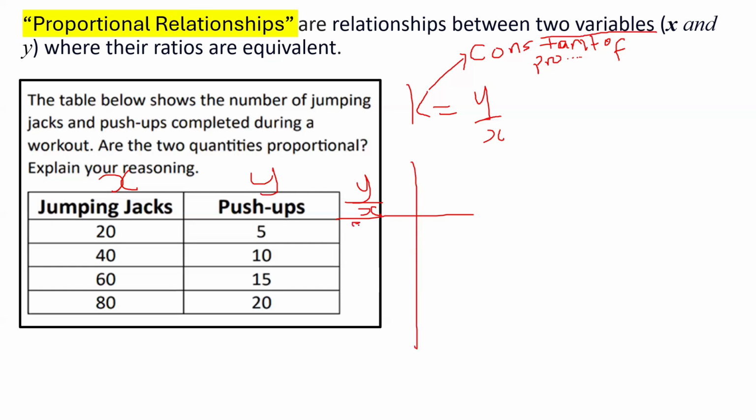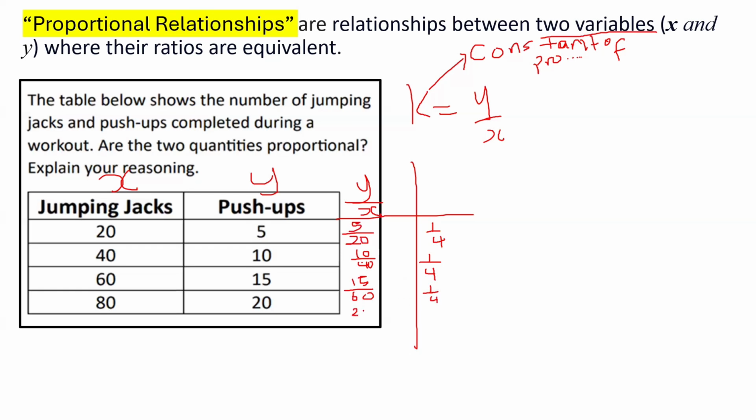So 5 over 20 is equivalent to 1/4. How did we get that? 5 into itself goes 1, 5 into 20 goes 4 times, so it's 1/4. 10 over 20, that's 20, 40. 10 over 40 is 1 over 4. 15 over 60, or 15 divided by 60, is equal to 1 over 4, because 15 into itself goes 1 and 15 into 60 goes 4.